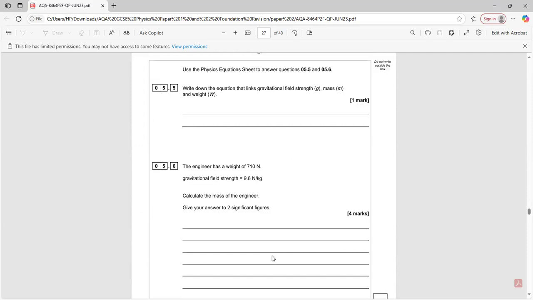It says write down the equation that links gravitational field strength, g, that's another name for acceleration due to gravity, mass and weight.